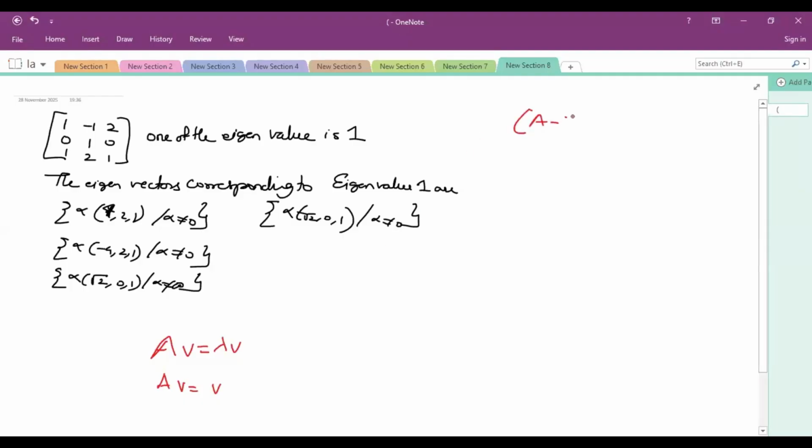We can go for (A minus I) times V equal to 0, which would give us 0, 0, 0 in the diagonal. Option A, alpha into (4, 2, 1), alpha not equal to 0. Correct.